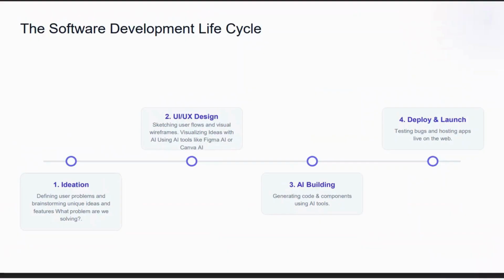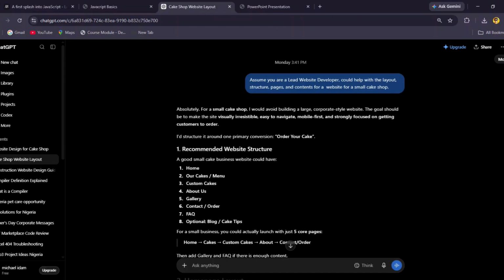And when you are done, you test, and then you deploy your website or application and make it live. So that's the software development lifecycle: the ideation stage, the UI UX stage, the AI building stage, and the deployment stage. Currently, we're in the ideation and planning stage.